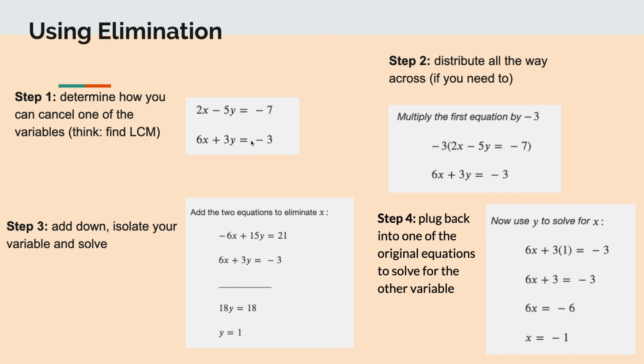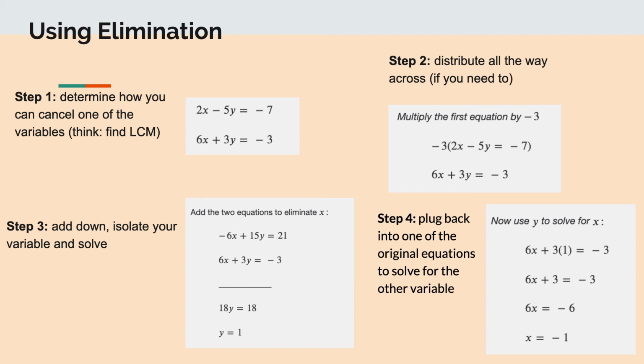To me, the easiest thing to get rid of first is x, because all we need to do is multiply the entire first equation by negative 3 in order to get a negative 6x in the top equation, which when added to positive 6x in the bottom equation will disappear.